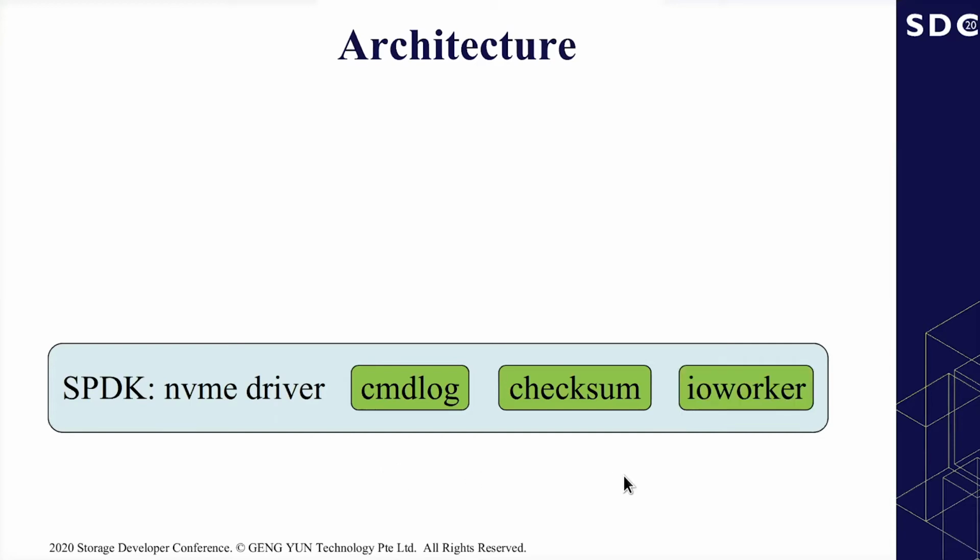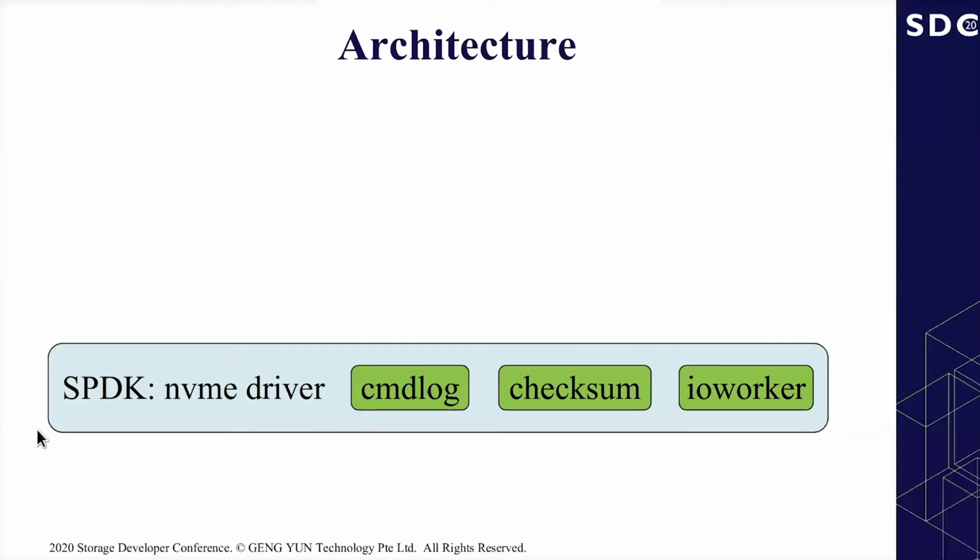Third, ioworker. Ioworker is an IO generator, something like FIO. But ioworker has better performance and is easier to use in Python scripts.